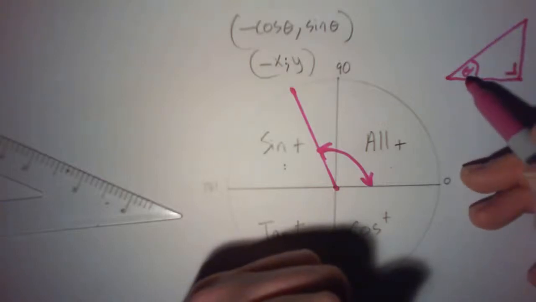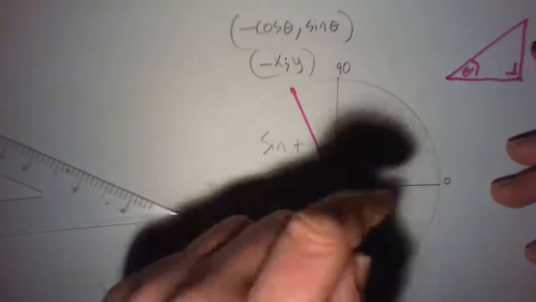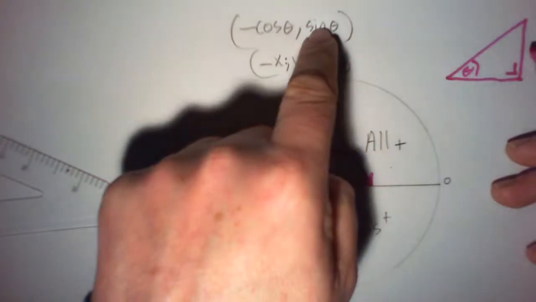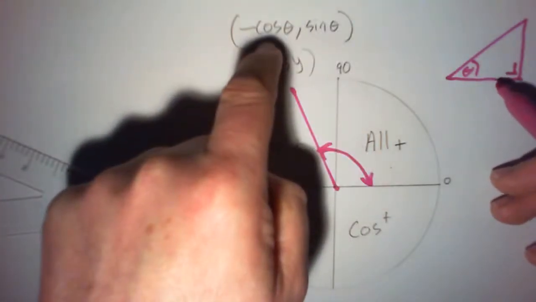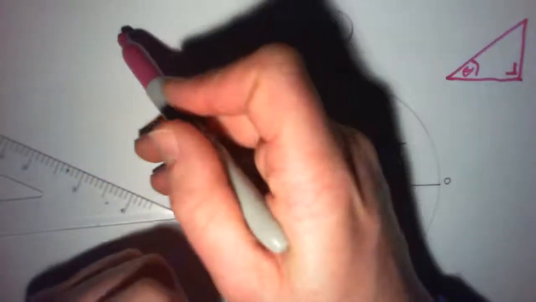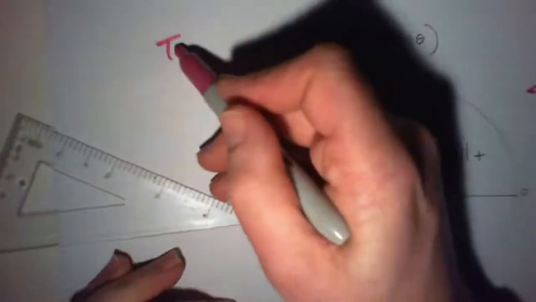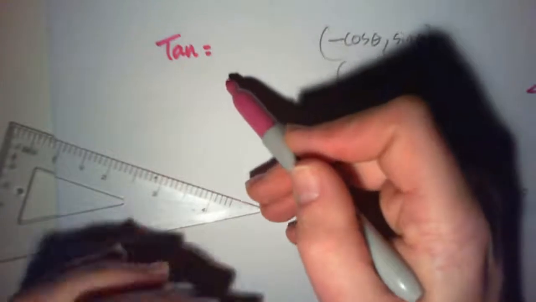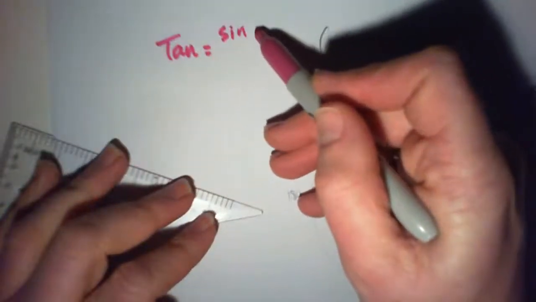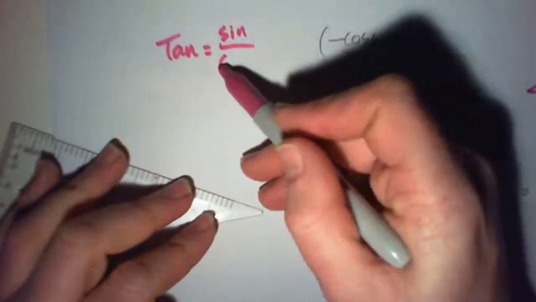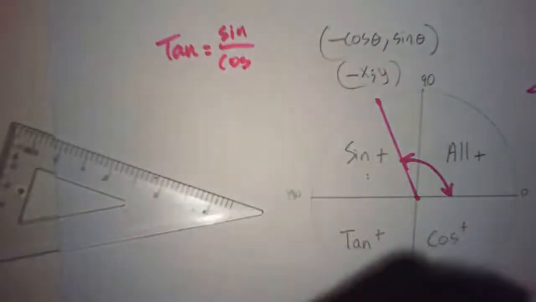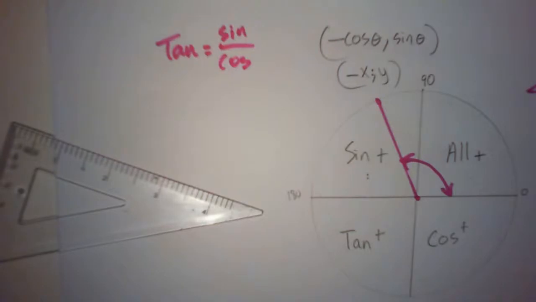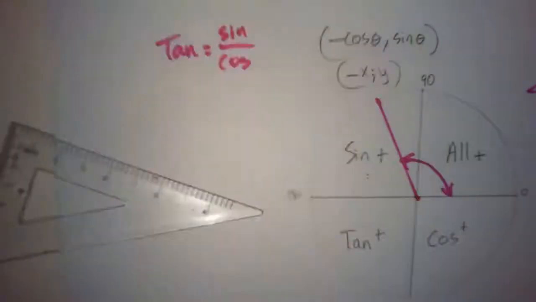But the tan of the angle is opposite, sine, over adjacent, cos. So tan is actually the sine over the cos. I know it sounds crazy, but it is. It's true.